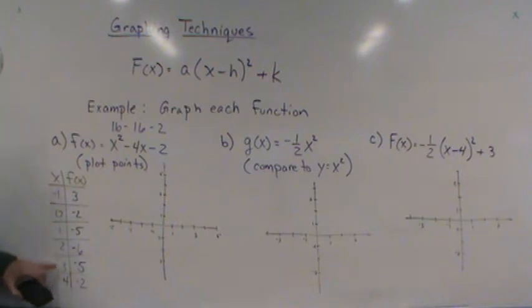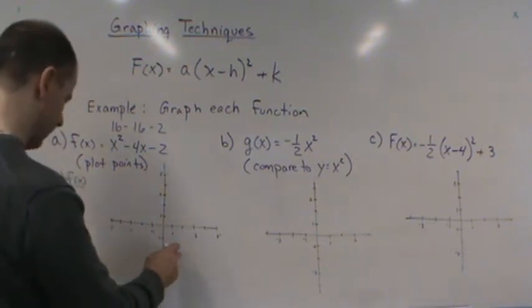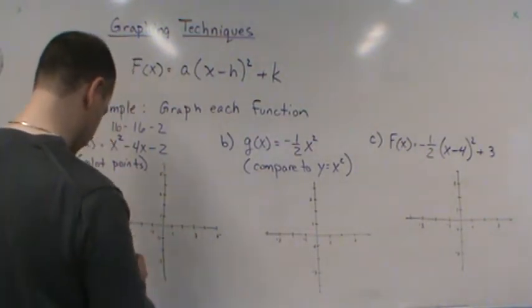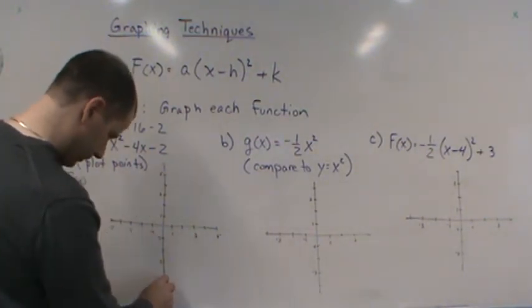It looks like we're getting negative 5, negative 2, negative 2. And so it looks like we're starting here at 2, negative 6. Oops, I didn't go far enough.